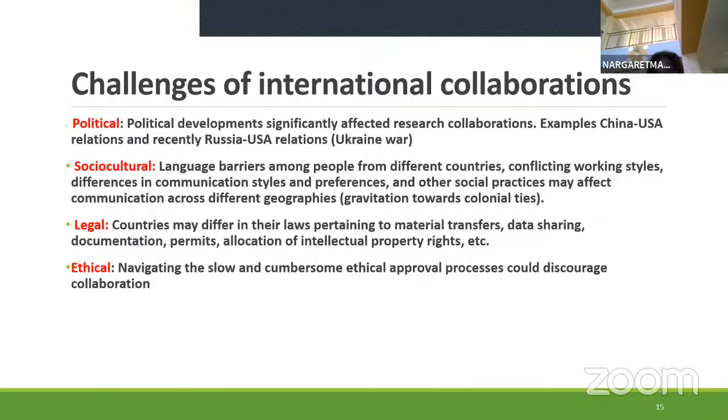In this way, there's what we call the material transfers, and there's a material transfer agreement document, as well as a data sharing document, which must be signed in honor and recognition of each legal entity in the countries collaborating.